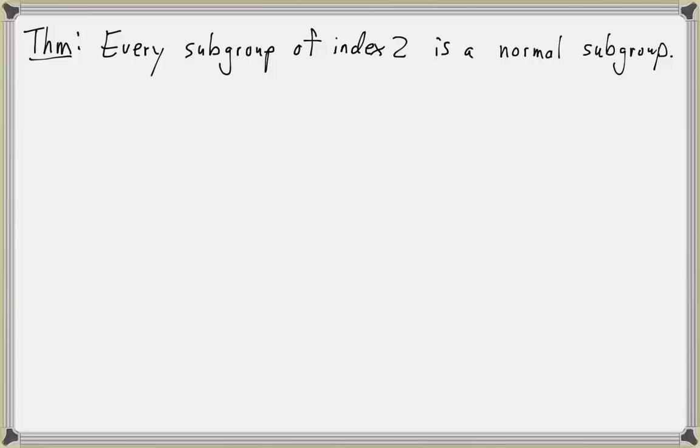So recall the index of a subgroup is the number of distinct left cosets, or equivalently the number of distinct right cosets of that subgroup in the group. So the basis of this proof is the fact that if there's only two distinct left cosets of a subgroup, then we'll see that every left coset will have to equal its corresponding right coset, and the proof really depends on the fact that there's only two cosets.